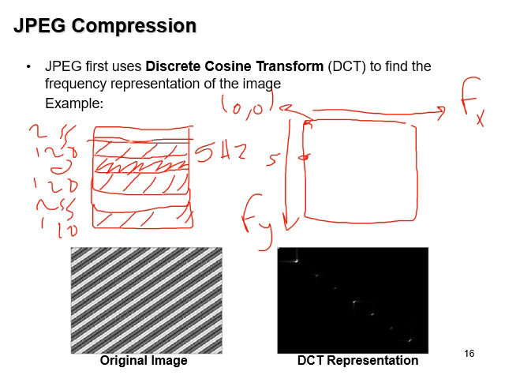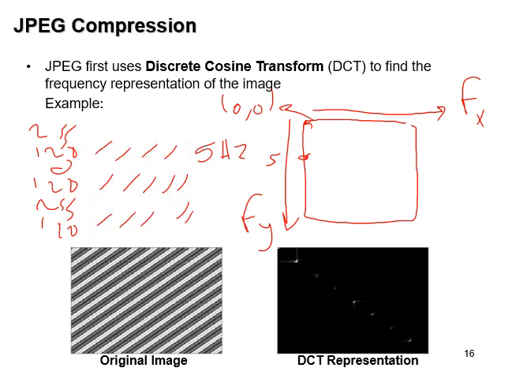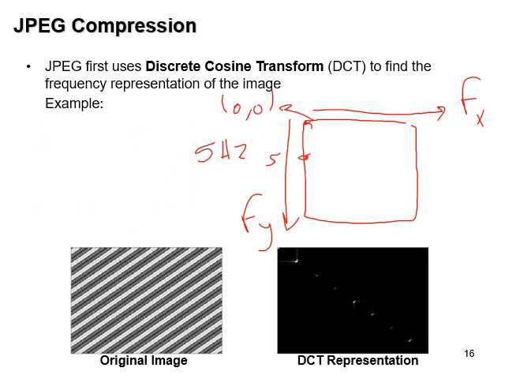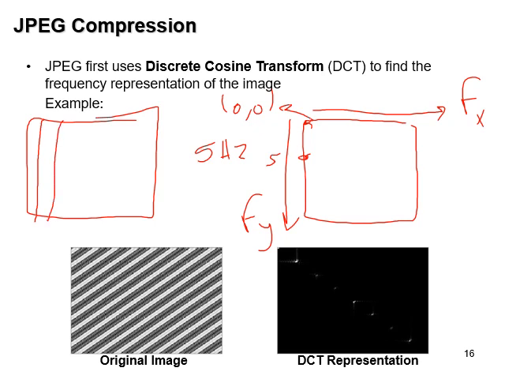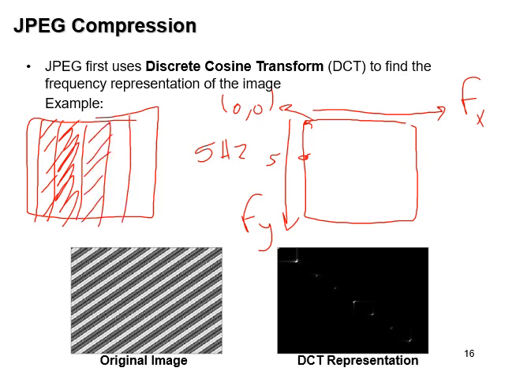Now let's have another example. Let's imagine the image has changed a little bit, and now it consists of a sine wave traversing the image in the opposite direction. For example, this would be white, this is dark gray, this is black, and then gray, and then white, and then gray, and so on.